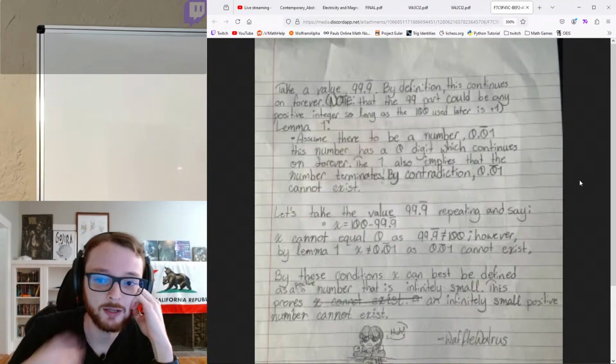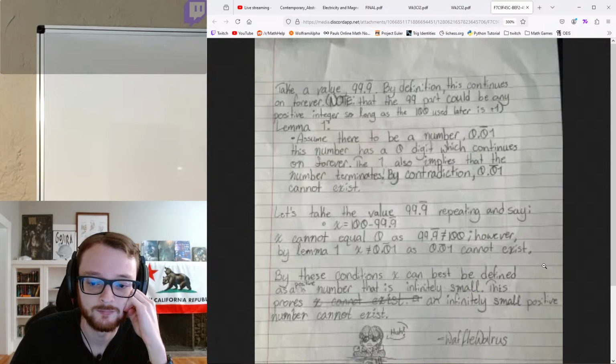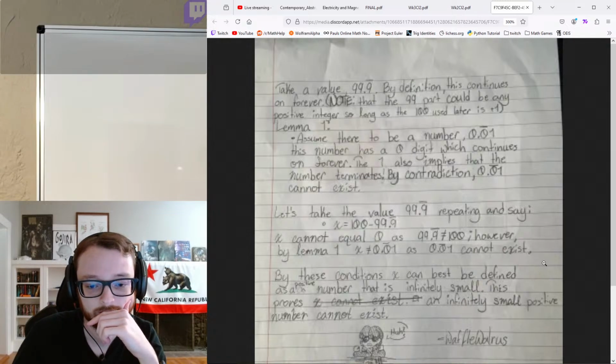You can still make a number that is super, super small, but you can't really define it in this exact way. But yeah, this type of idea has always been super weird to me.